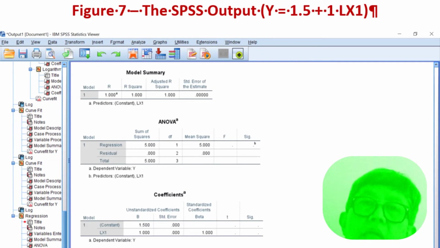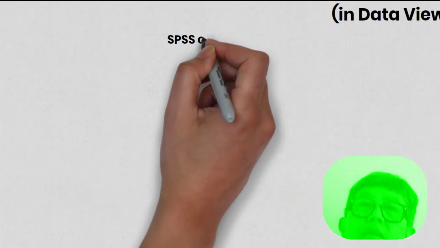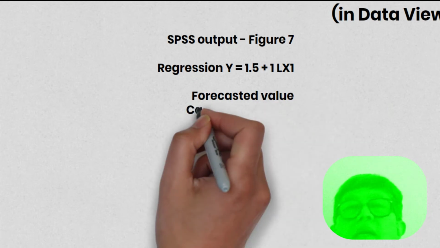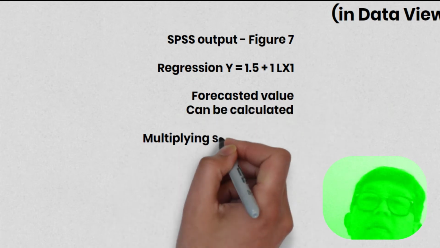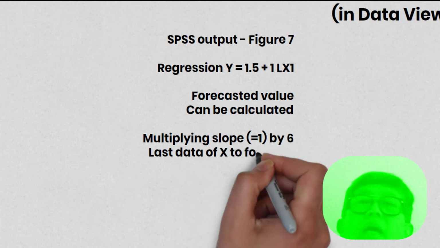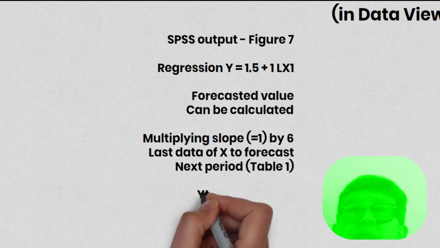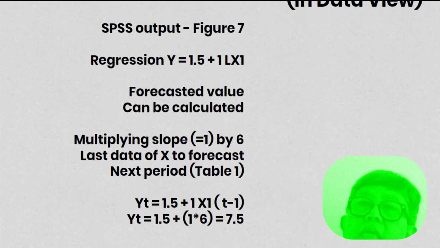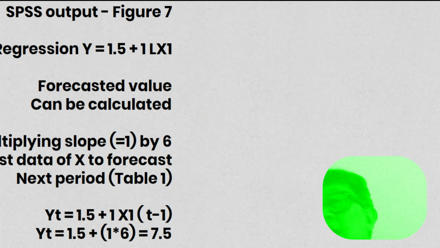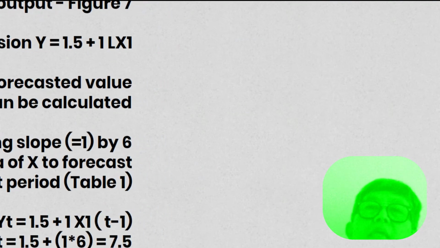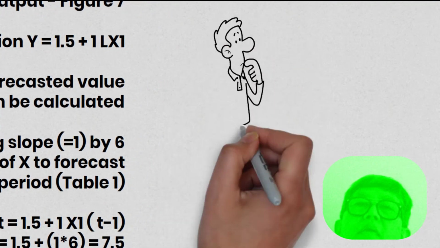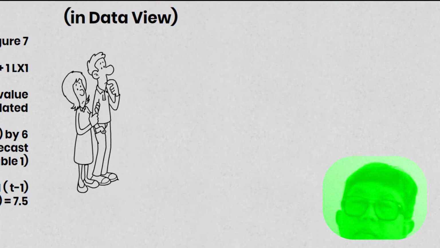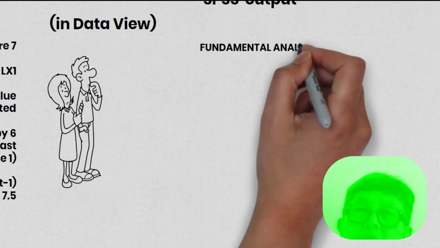According to the SPSS output, figure 7, the regression is y equals 1.5 plus 1 lx1. So the forecasted value can be calculated by multiplying the slope, which is 1, by 6. Why 6? If you look at table 1, it is the last data of x, to forecast the next period. See table 1. So yt equals 1.5 plus 1 times 6 equals 7.5, the forecasted value.